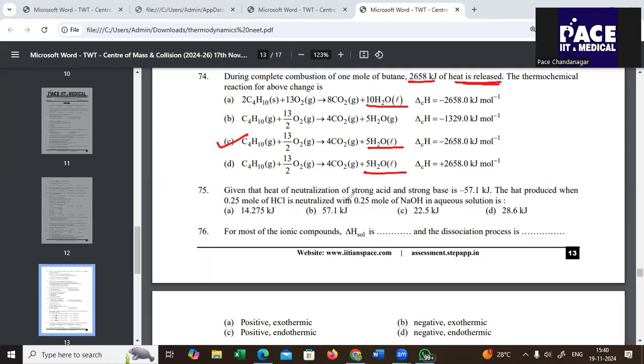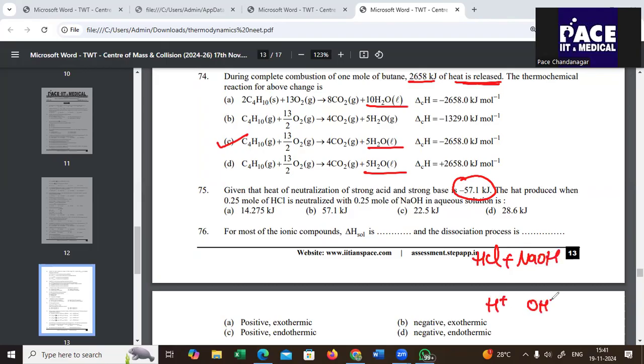Given that heat of neutralization of strong acid and strong base is minus 57.1 kilojoules. So strong acid and strong base neutralization heat. The heat produced when 0.25 moles of HCl is neutralized. See, it is strong acid and strong base, HCl and NaOH, you are neutralizing 1 mole of it only.